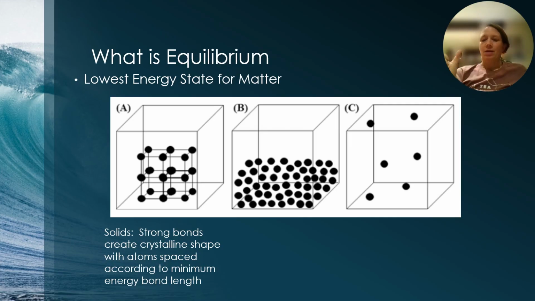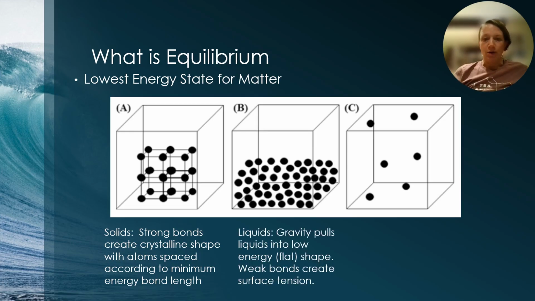That means the protons are repelling each other, but they're attracting the electrons in the nearby molecules. And at some point, that attraction and repulsion sort of balances out, and it's the lowest energy state. That's why solids form crystals, because this is like the happiest state of the two molecules that are forming up the crystal. So that's what solids look like, and it's defined as equilibrium.